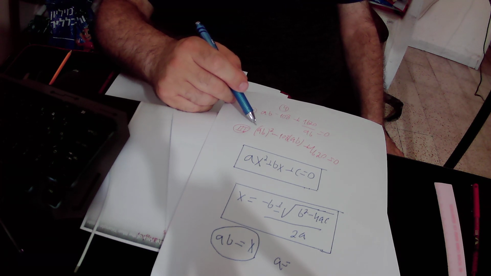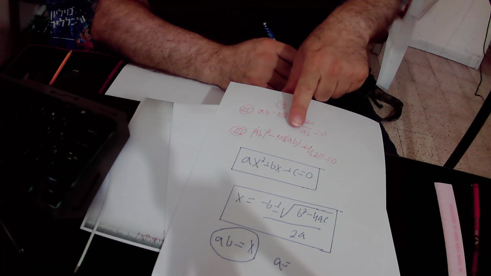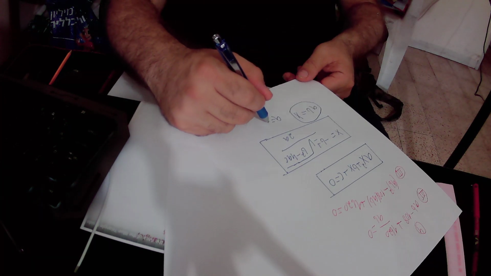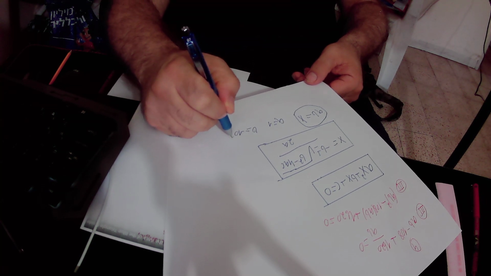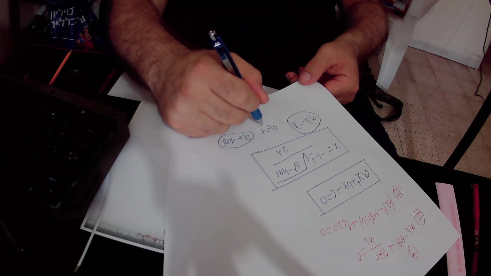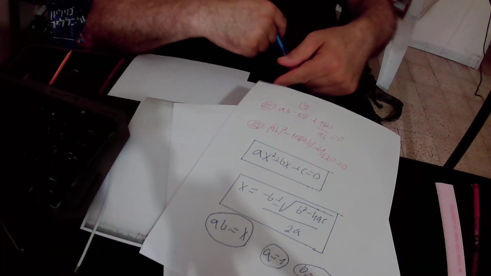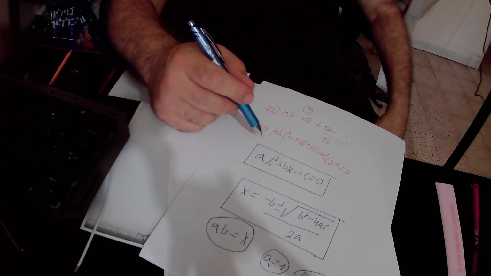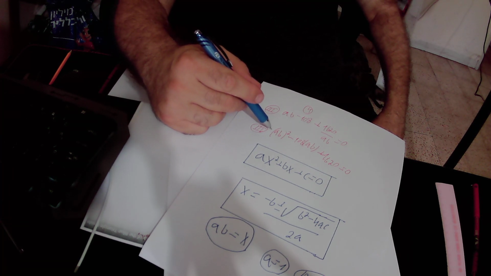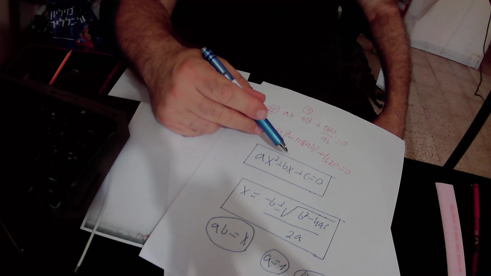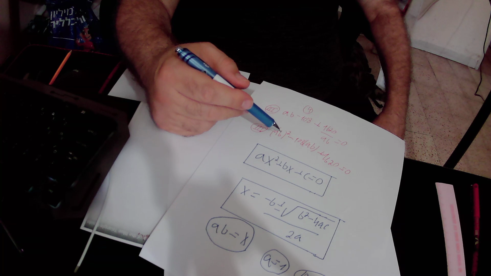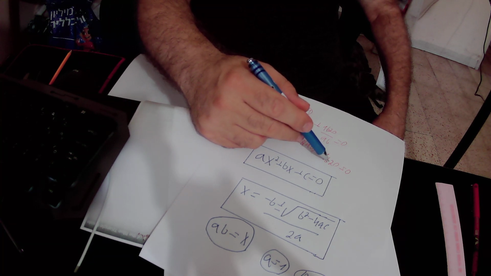So A equals 1 and B equals minus 108, and C equals 1620.